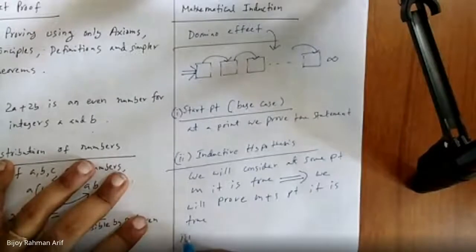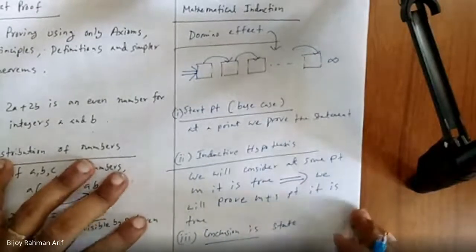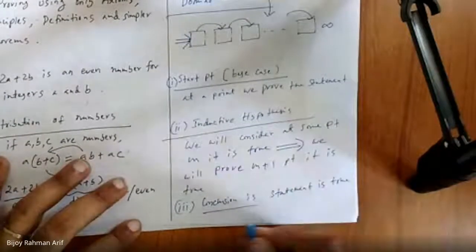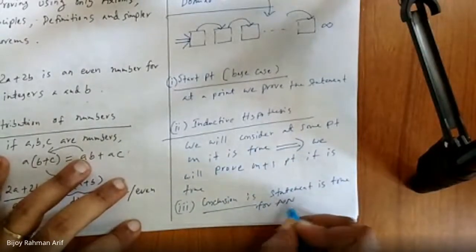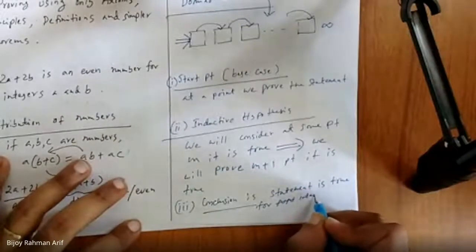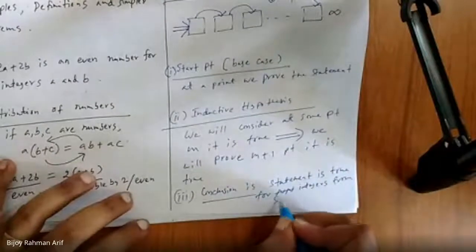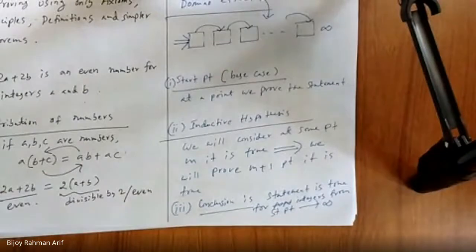Then the conclusion is the statement is true for natural numbers or integers from the start point up to infinity. Did you get it or not? Do you have any question about mathematical induction?